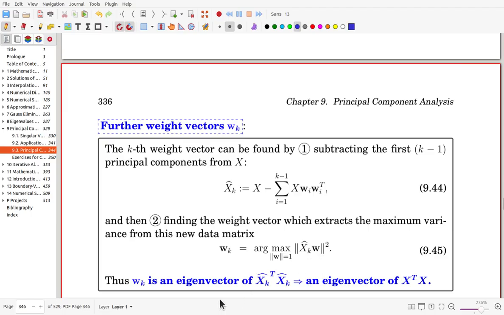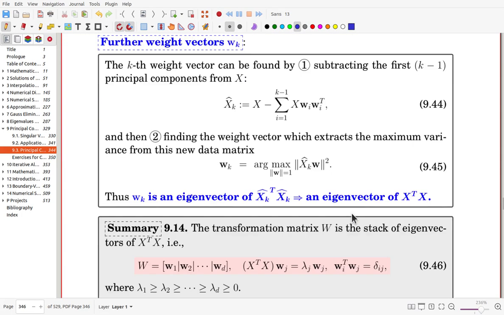So wk must be an eigenvector of x transpose x. Eventually, the weight vectors must be eigenvectors of x transpose x.